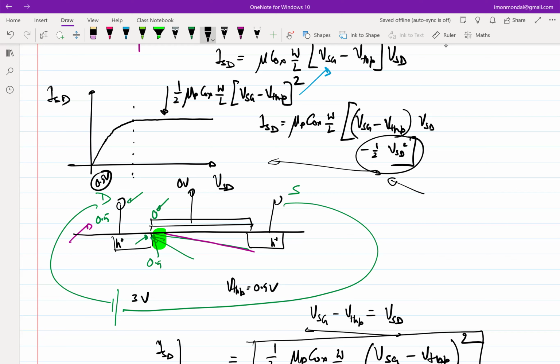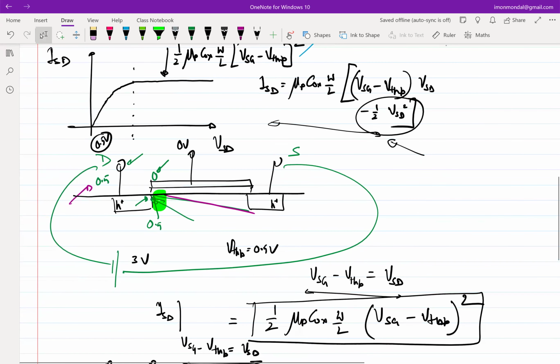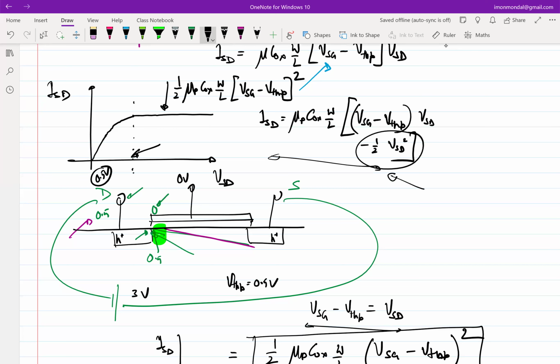And the value of VSD at which this has happened will be equal to VSG minus the threshold voltage. Okay. Does that make sense?